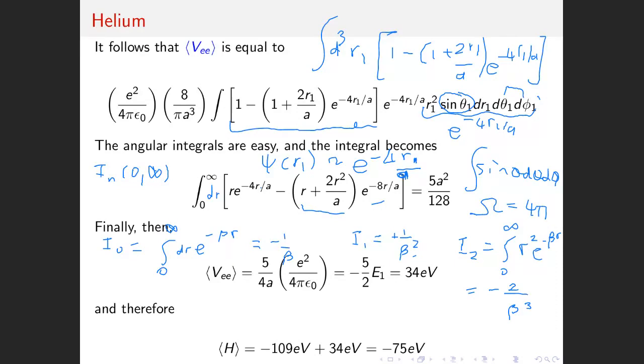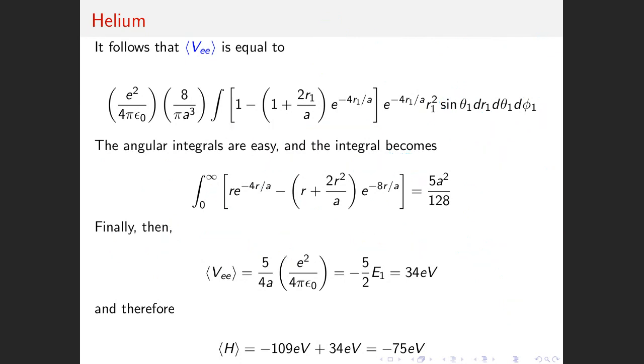So just remember that for r to the 0 it's beta to the 1, for 1 it's 2, and for 2 it gives you 3. So let's clear everything and write the expressions that we get. So the integral over r will give you 1 over beta squared. Similarly for this one, this gives you 1 over beta squared.